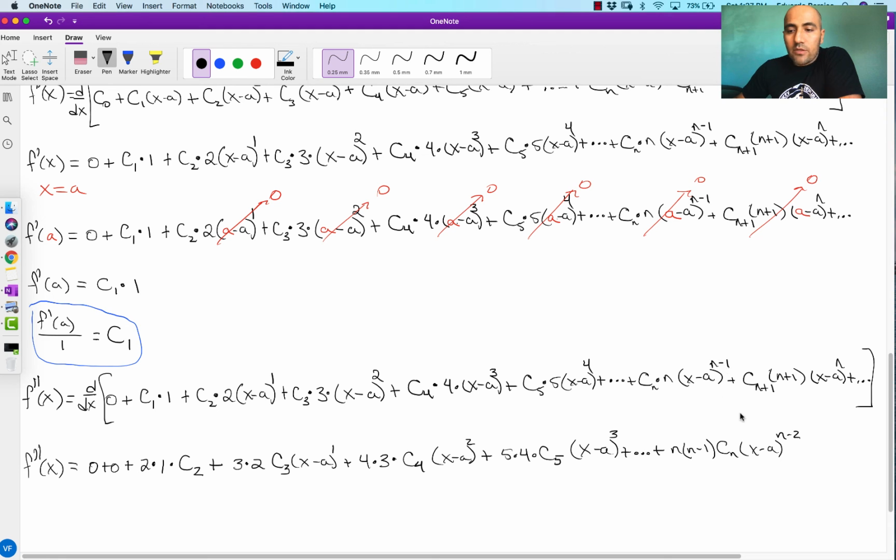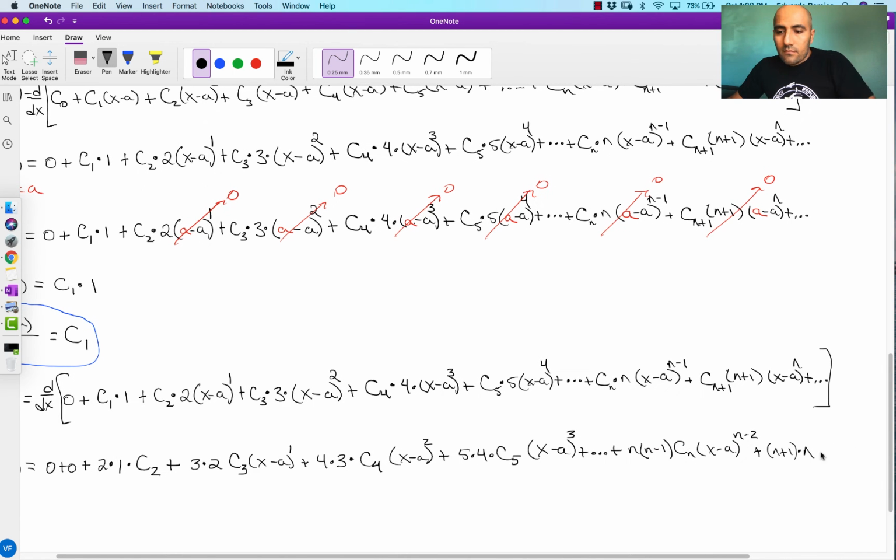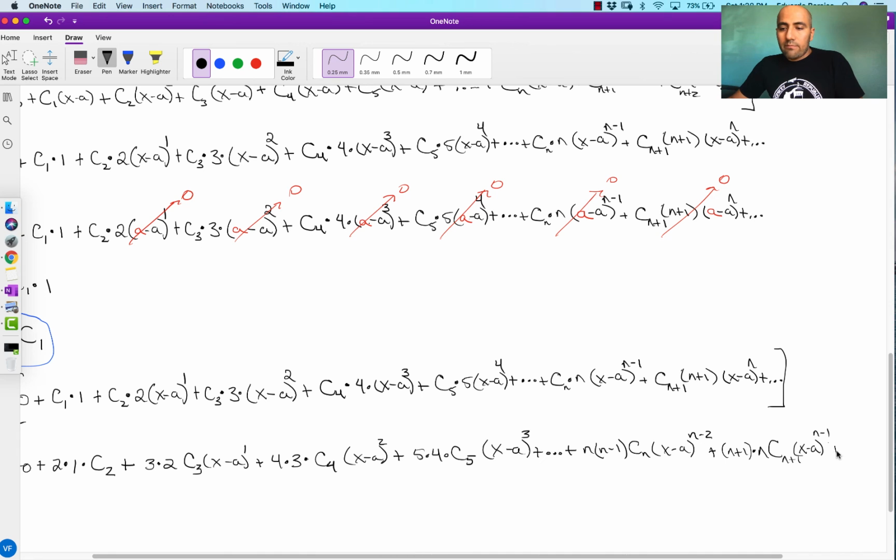We subtract 1 from the exponent. Let's go to the one right next to it, plus, and then this pattern is going to be n plus 1. That was already there. Bring down that exponent. That'll be an extra n, times n, and then a c sub n plus 1, and then an x minus a to the power of n minus 1 term, and then this continues, right? Plus dot dot dot, forever.